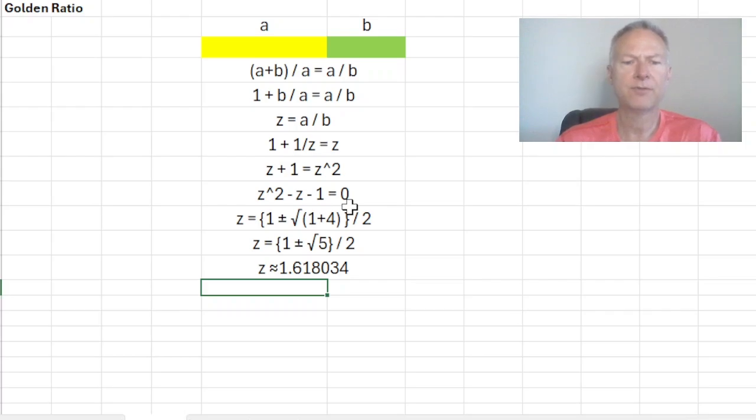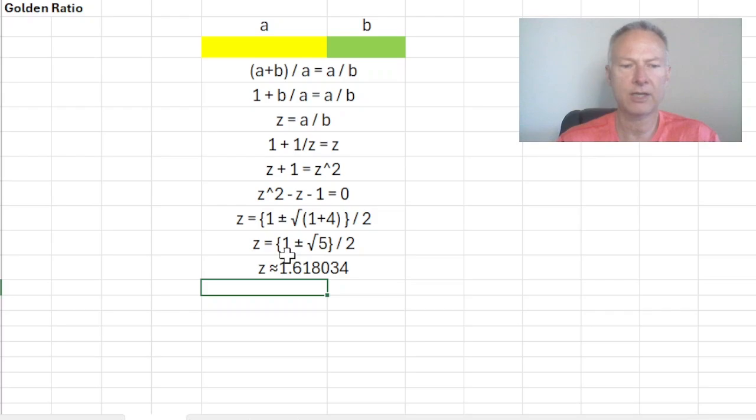And many of you, if you hearken back to high school algebra, will recognize this as a quadratic expression. And there was something we all learned called the quadratic formula that allows us to solve this directly. And plugging into that quadratic formula, that is this expression here. And so Z actually, if you simplify, equals this. And because we're actually talking about lengths or distances here, we don't need the negative solution here in terms of the 1 minus the square root of 5.